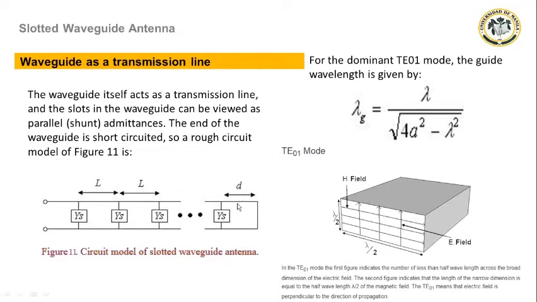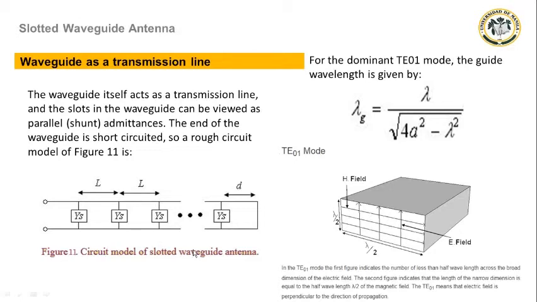This part is the short-circuited part, and this side is the slotted elements that are spaced a distance L from each other. They will be given in terms of guide wavelength, which is the wavelength within the waveguide.